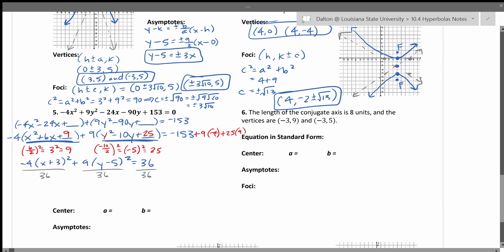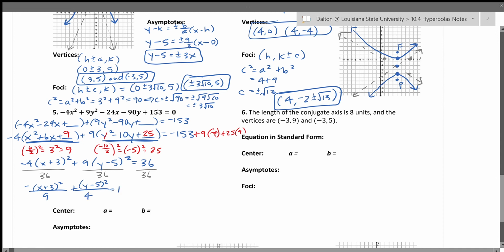Well, let me do one step at a time. When I do that, I get x plus 3 squared over, well, that'll be negative, and then 4 over 36 reduces to 1/9, so that'll be over 9, plus y minus 5 squared. 9 over 36 reduces to 1/4, so I'll put a 4 in the denominator, equals 1.